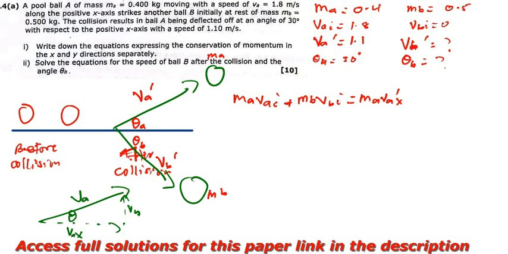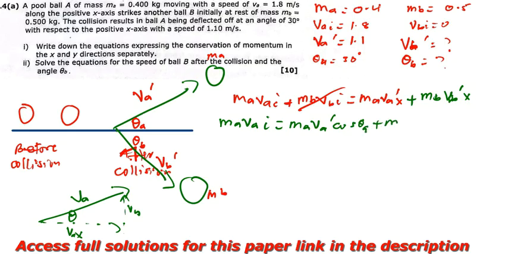Then plus MB VB prime x. So in x we are using cos, so I'm going to replace this with V cos theta. Initially MB was at rest, so we don't expect to have initial speed. That will be cancelled. So I'll remain with MA VA, then MA VA prime cos theta A plus MB VB prime cos theta B.